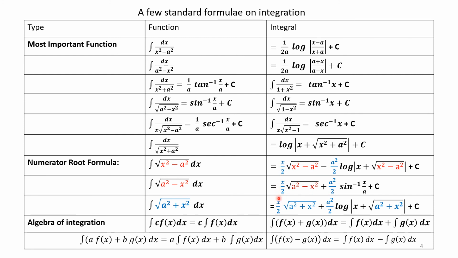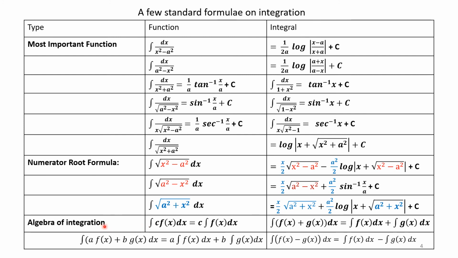In all three cases, when the square root term is under the square root, you have to write the first term as x by 2 and the given function itself under the root, that is, in this third case, square root of a square plus x square, plus a square by 2 into the logarithm of mod of x plus the square root of the given function, as it is, plus c.